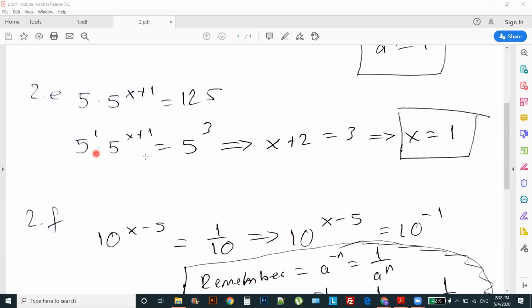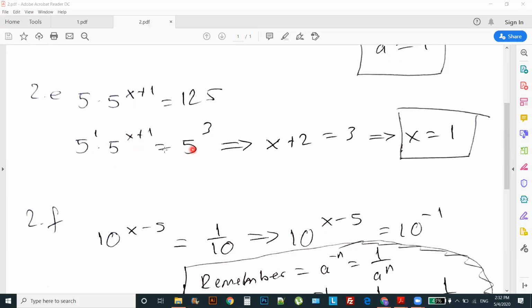So when I write everything in the form of an exponent, it looks like this: 5 to the power of 1 times 5 to the power of x plus 1. Now I'm doing multiplication and I have the same bases, so I'm going to add 1 plus x plus 1, which equals 5 to the power of 3.